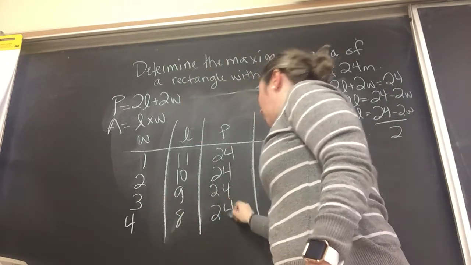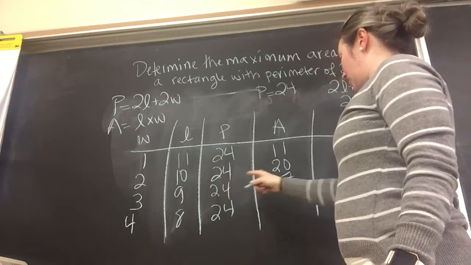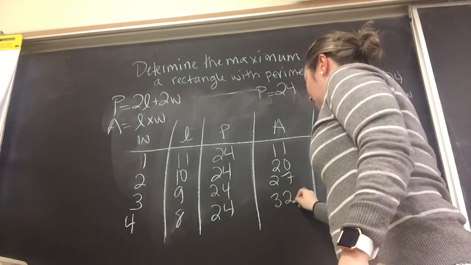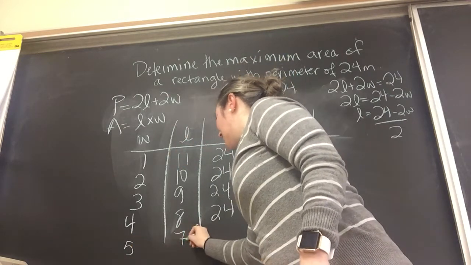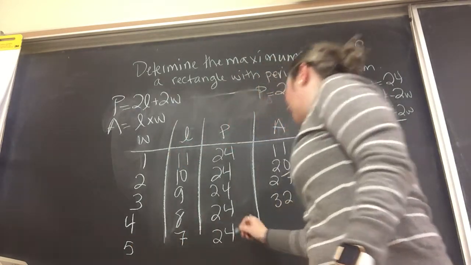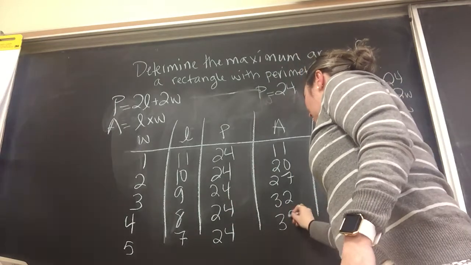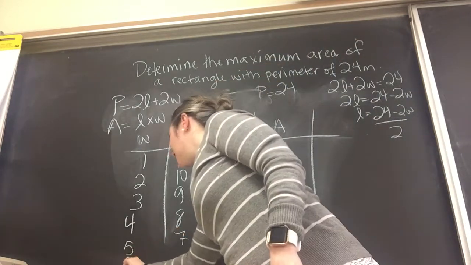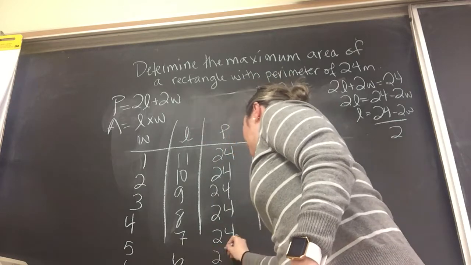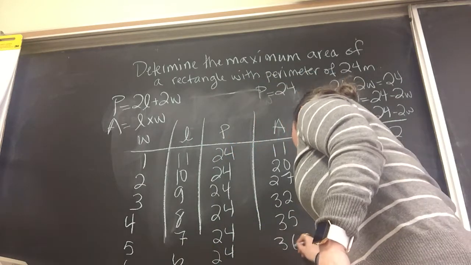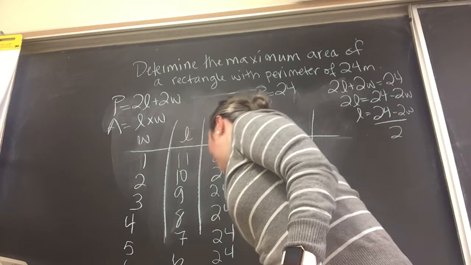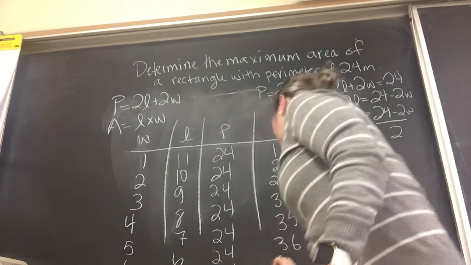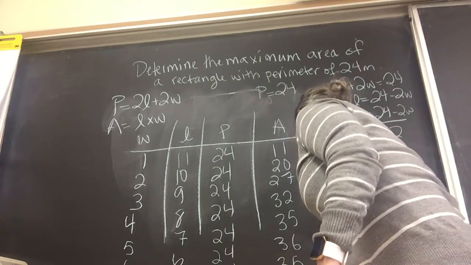With width 4, the length is 8, and 4 times 8 is 32. With 5, the length is 7, still giving me 24, and 5 times 7 is 35. 6 gives me 6, 24, and 36. Then 7 gives me 5, 24, and 35.